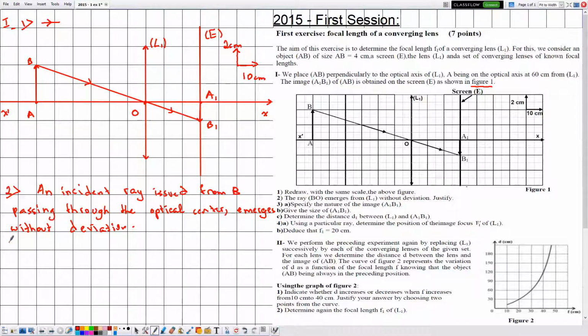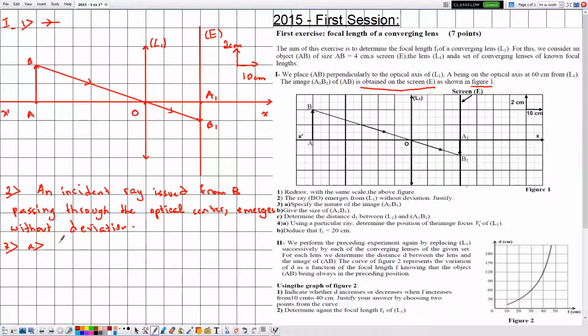So now we are in number 3, part A. They are telling me to specify the nature of the image A1B1. Notice that here in the text they told me that the image A1B1 of AB is obtained on the screen. Then the image is being collected on the screen, and we know that only a real image can be collected on a screen.